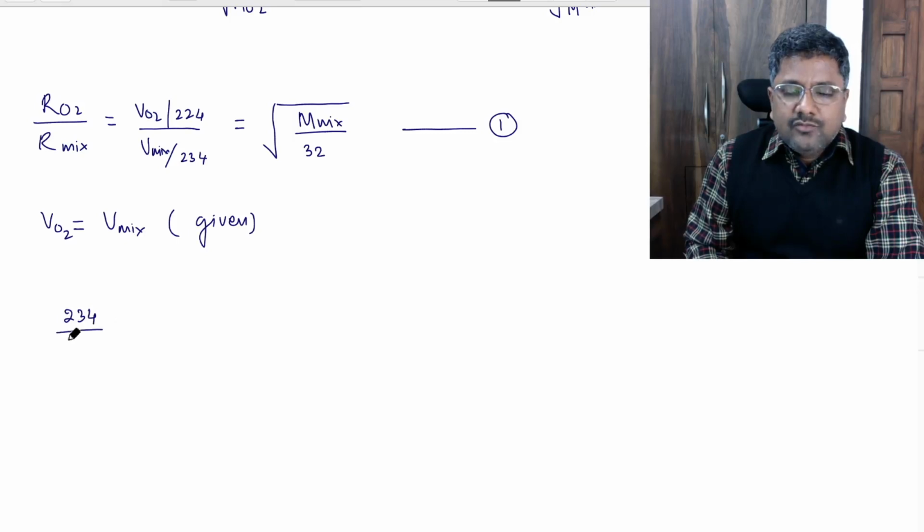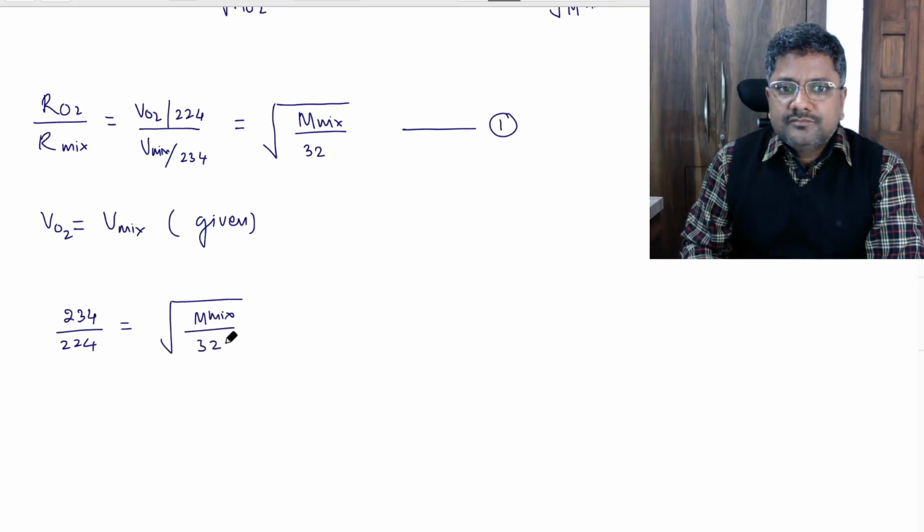234 by 224 is equal to the molar mass of mixture by 32.